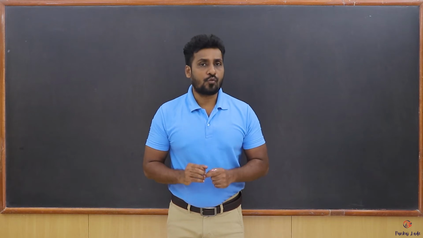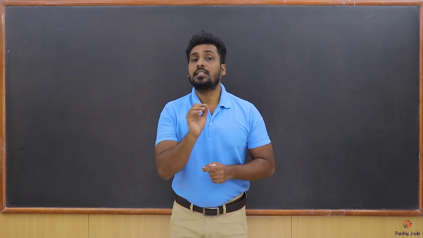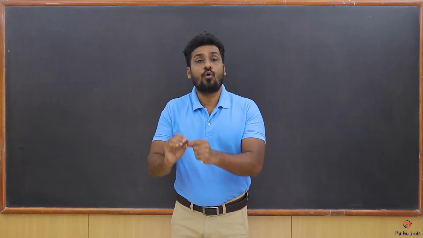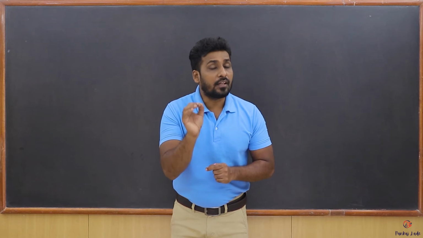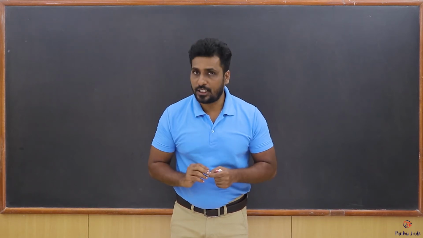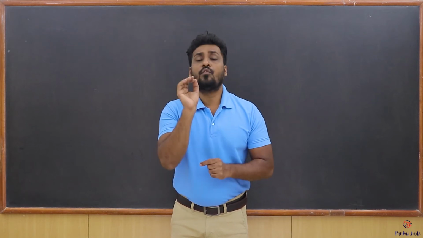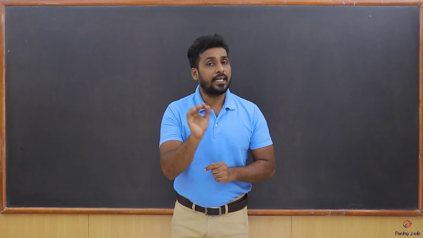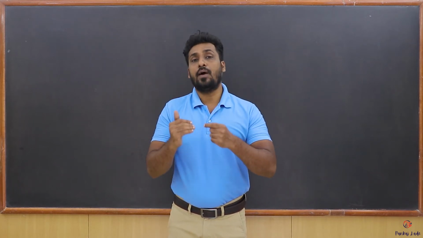In the second type of question, the same formula, students, I can modify. I said that sine 3 theta was 3 sine theta minus 4 sine cube theta. So you can understand from here, I can get the value of sine cube theta by doing a small rearrangement, isn't it? The value of sine cube theta will come as 3 sine theta minus sine 3 theta, whole divided by 4.